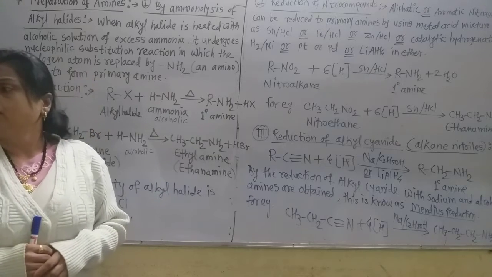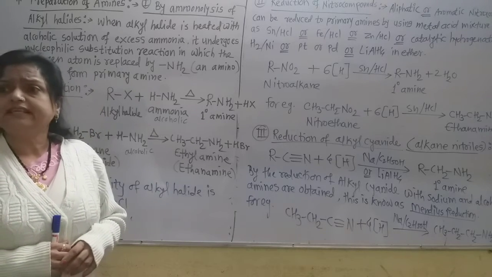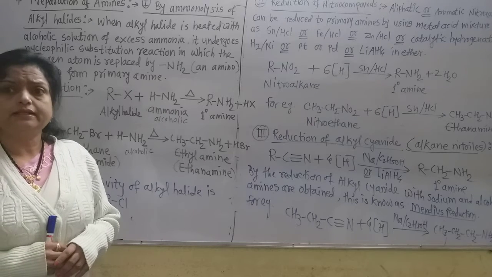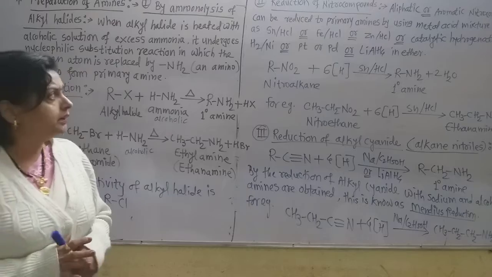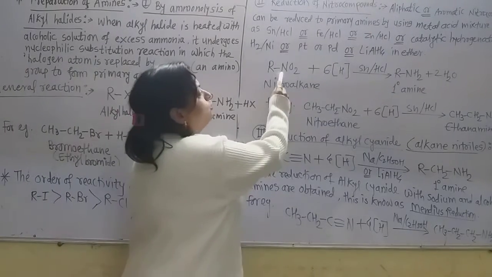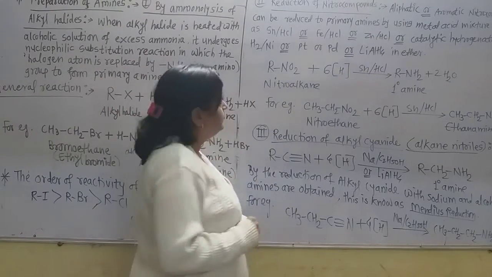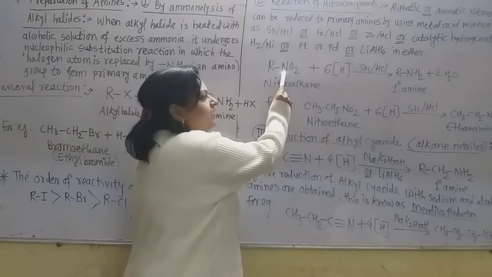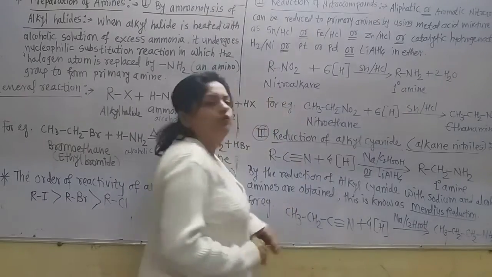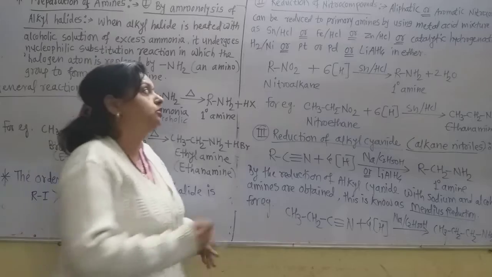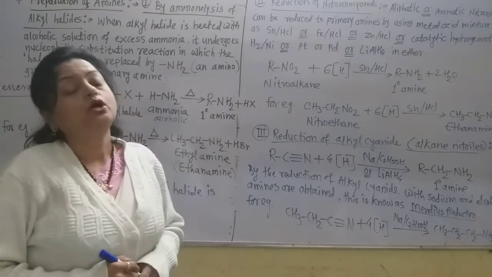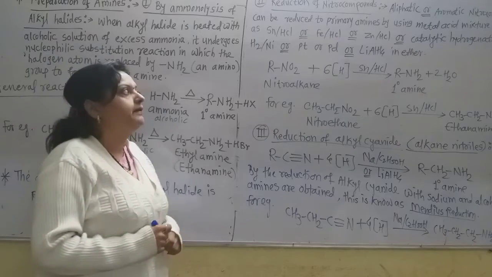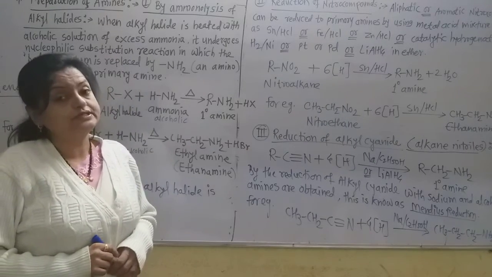Now see here, we require 6 nascent hydrogens for this reduction. Why do we require 6 nascent hydrogens? Because this NO2 group is converted into this nitrogen, which requires 2 hydrogen atoms for the formation of primary amines, and the 2 oxygen atoms require 4 hydrogen atoms to form 2 water molecules. Therefore here 6 nascent hydrogens are required.